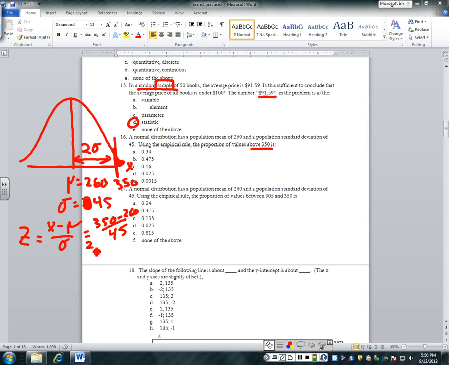Remember, if you go plus or minus 2 standard deviations, you have 0.95 or 95% of the data, but we only went in one direction instead of both. So this area here, I'll call it area A, is 0.95 divided by 2, or 0.475.